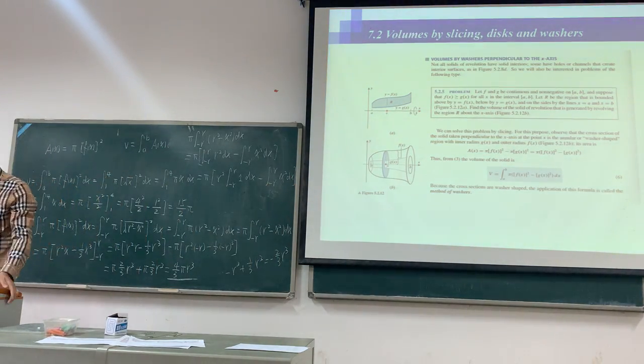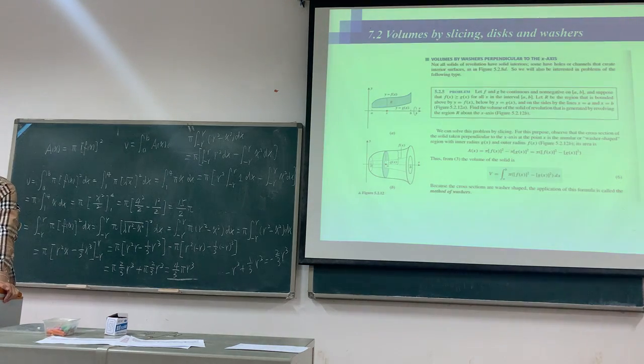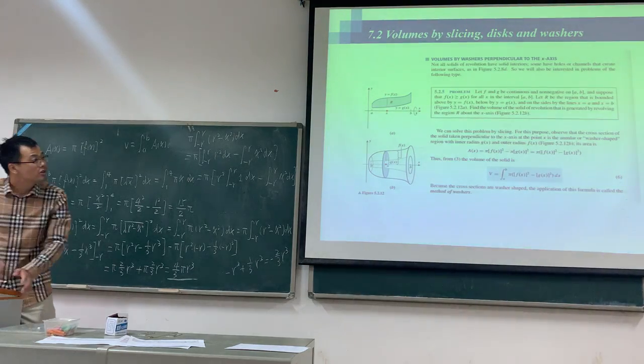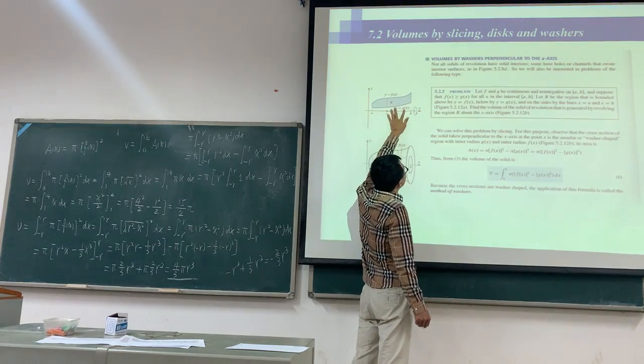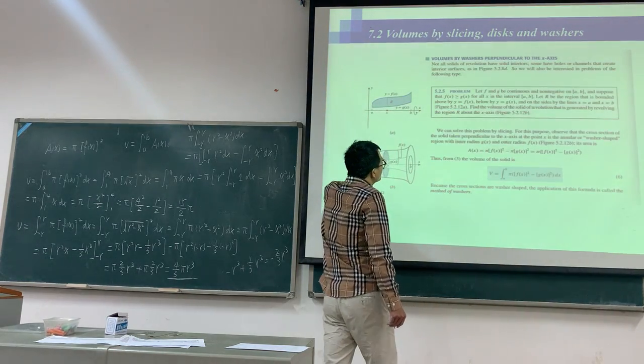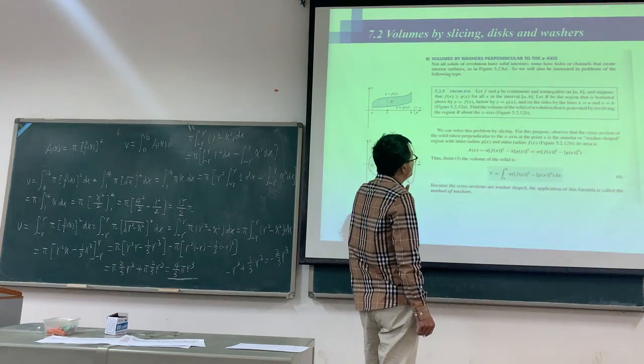Let f and g be continuous, non-negative functions on the closed interval a b, and suppose that f(x) is greater than g(x) for all x in the interval a b.